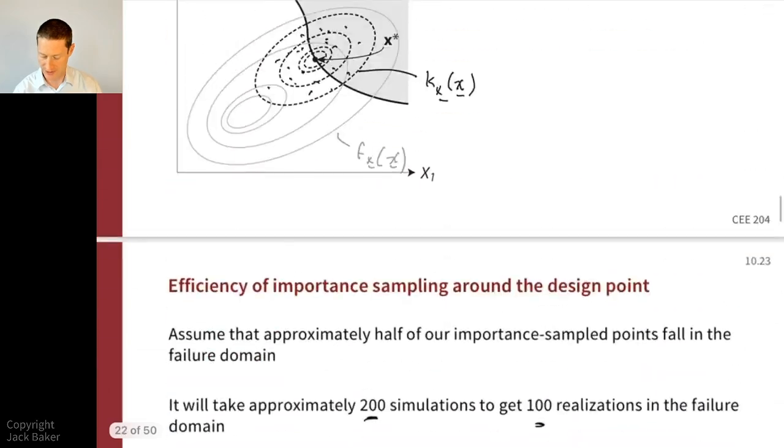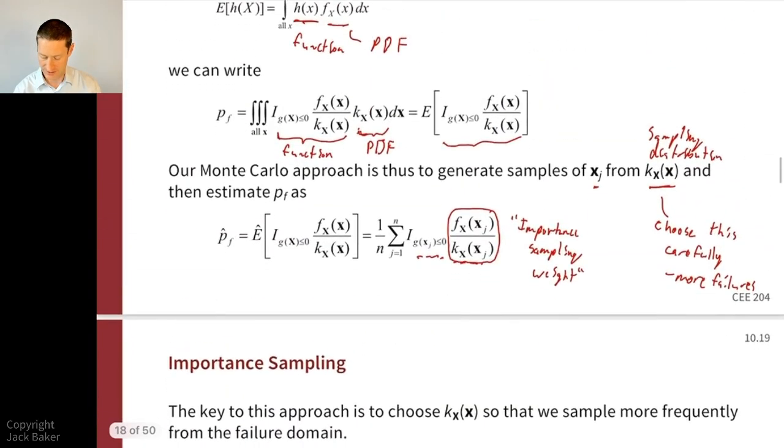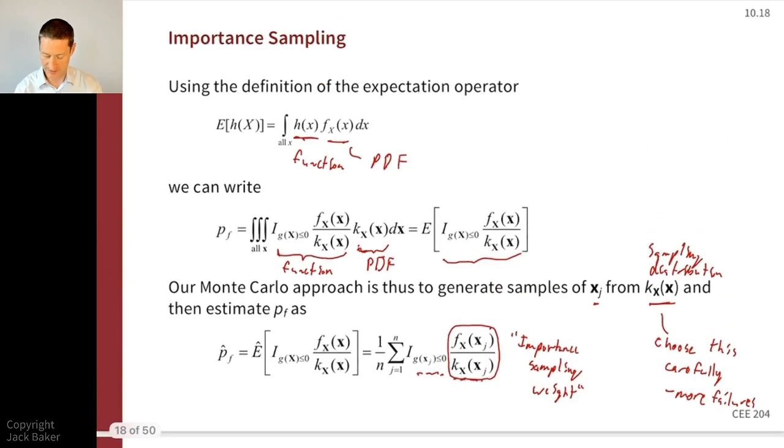The issue is, if I go find this formula here, I'm generating samples of these xj's from this distribution. Let's pick this middle line. This PDF here is zero in important places where there would have been failures. The whole failure domain has a zero PDF here.